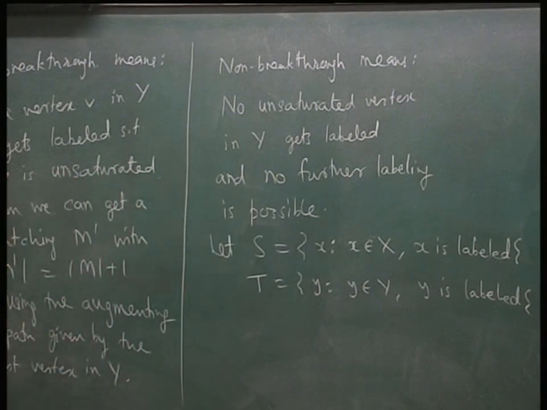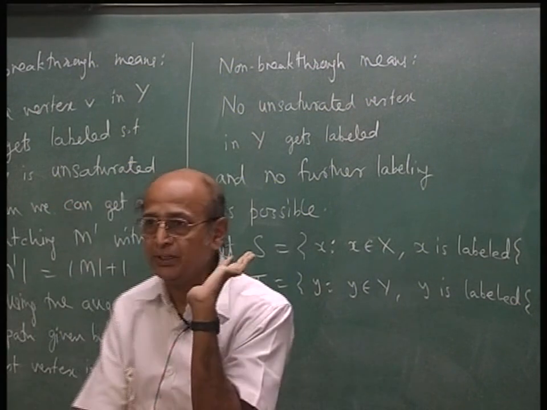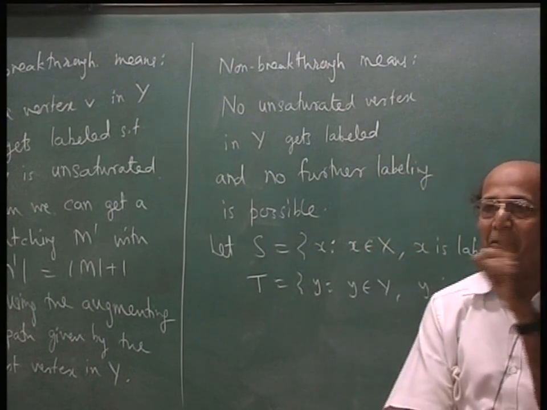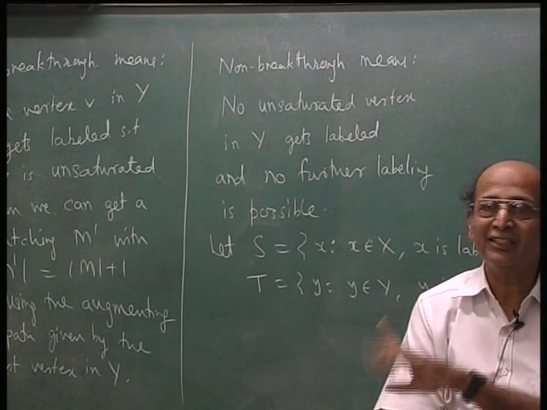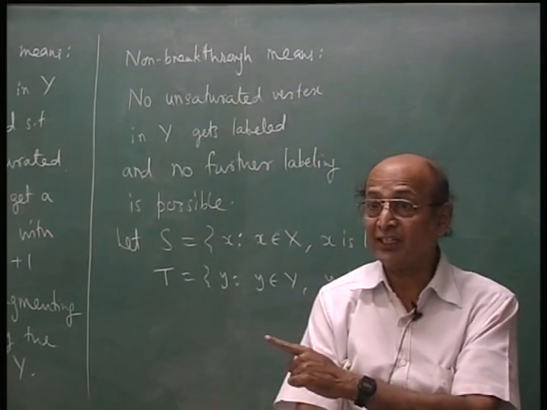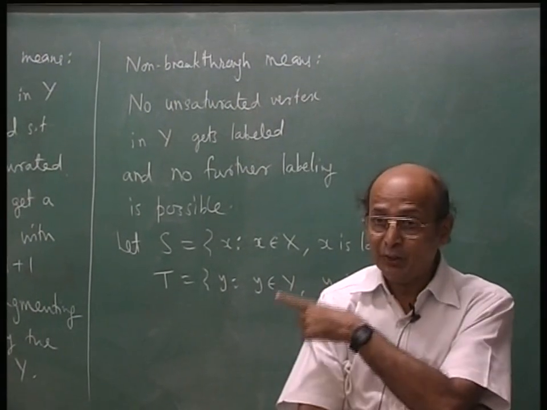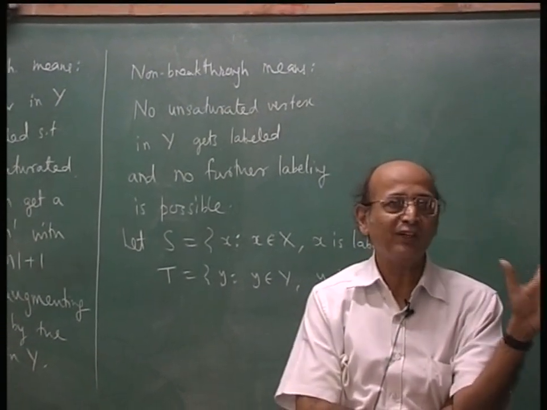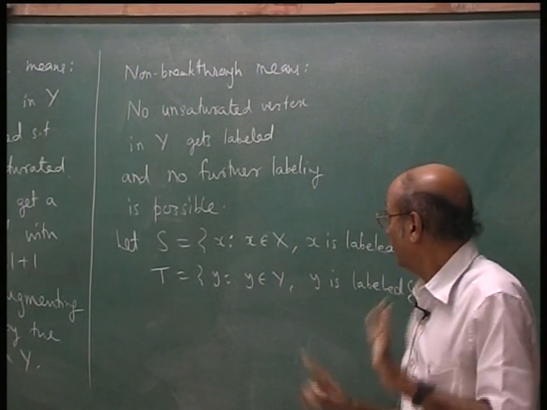So in case of non-breakthrough, I really want to make a strong claim. What is the claim that we want to make? We want to claim that the matching M is a maximum matching. In fact, I will show you a vertex cover whose size is equal to the size of the matching, and therefore that will completely prove that the matching is a maximum matching. So that's the theorem.